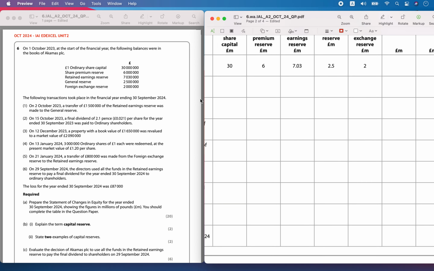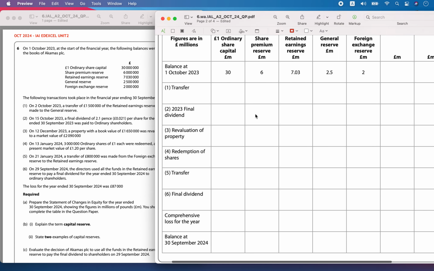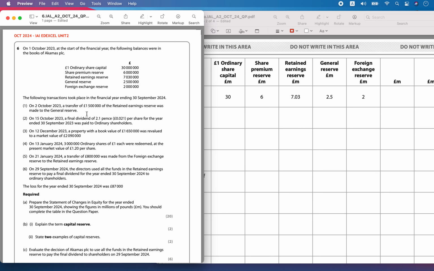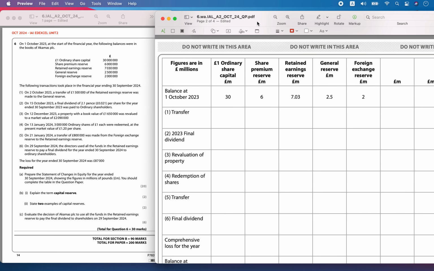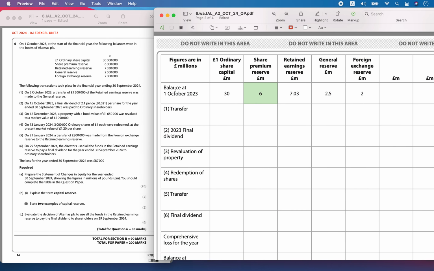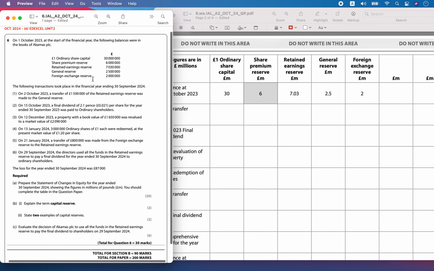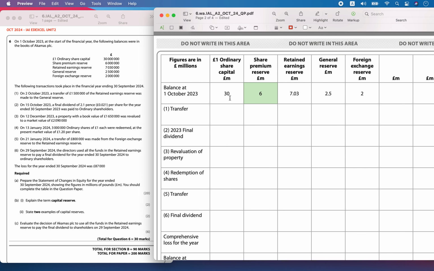So we can see that they have given a table. This table we have to complete, based on the transactions and changes that have taken place. So let's complete the table. First, the balances at the beginning are given. Ordinary share capital is 30 million.